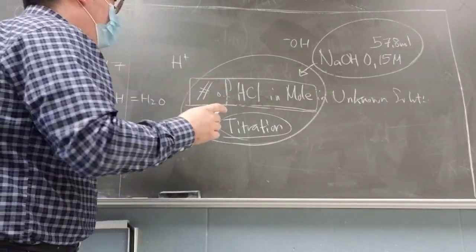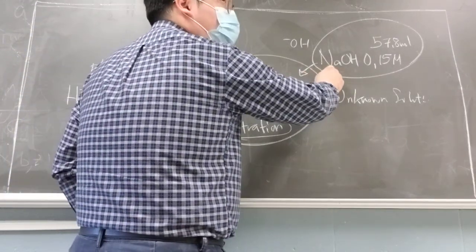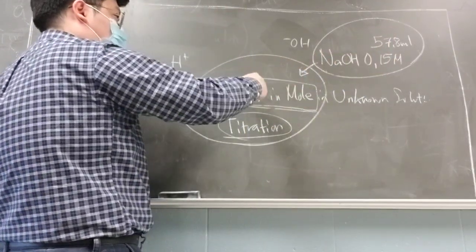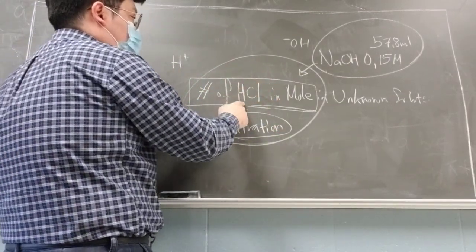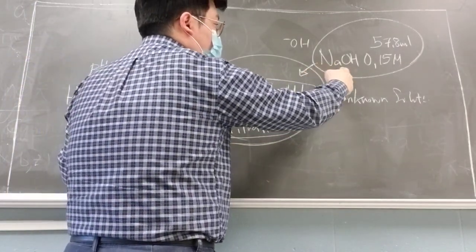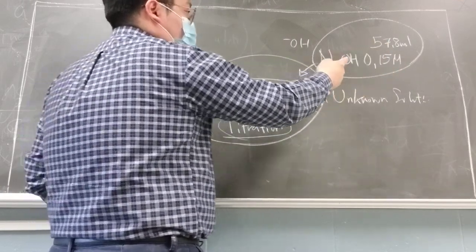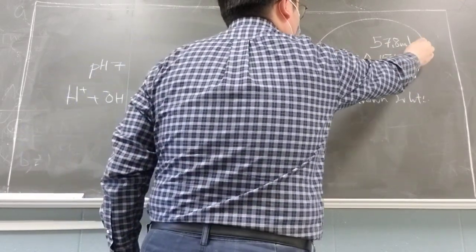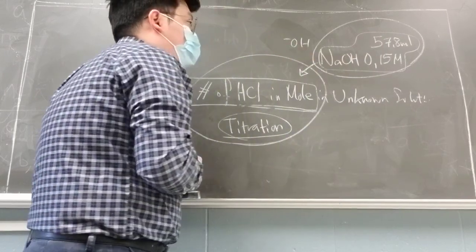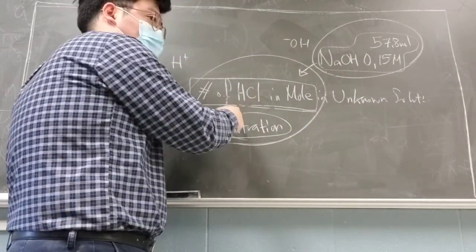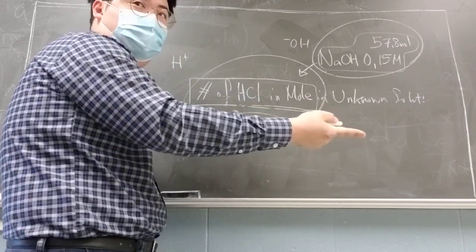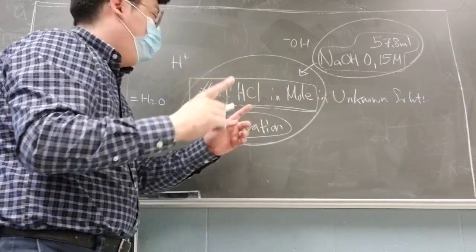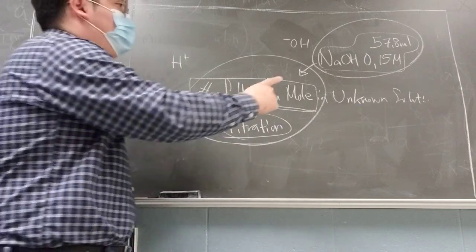So when this is added to your unknown solution and reaches the equivalence point, it means same numbers of HCl and NaOH are there. So what you really need to do is find out how many moles of NaOH were added, which will be the same numbers of moles of HCl that were there initially. Because it's a 1 to 1. Okay? So let's do that.